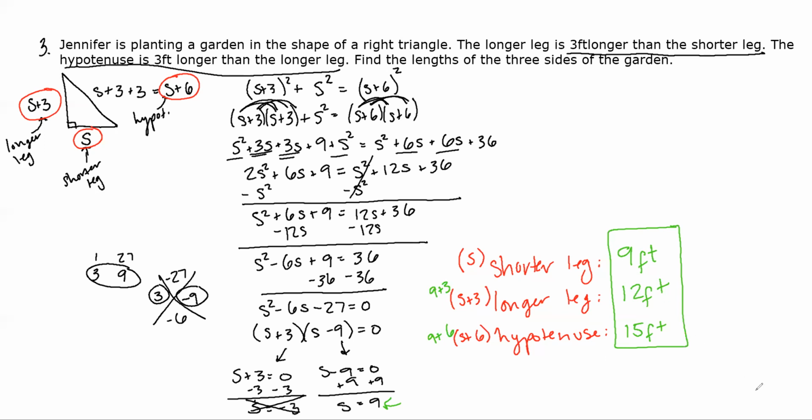Okay, number 4. Number 4, I will go ahead and type this one up. This one's not quite as long, but we are given the diagonal of a rectangular rug.